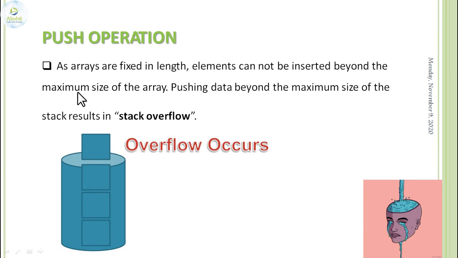Suppose the size of the array is 5, you cannot insert 6 elements into the stack. Suppose the size of the stack is 25, you cannot insert more than 25 elements. So you need to put a condition and check to see whether the stack is full or overflow or not.